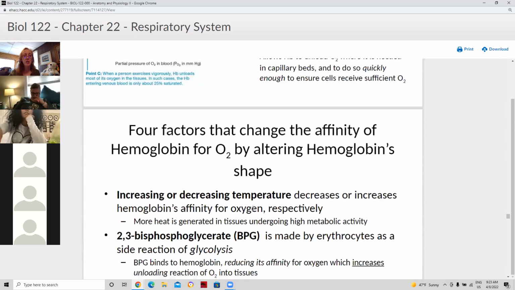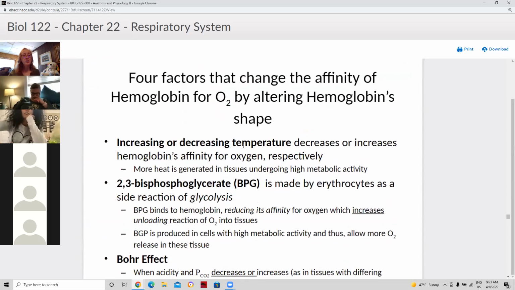So four factors are going to change the affinity of hemoglobin for oxygen by altering hemoglobin shape. The way that the oxygen gets bound up by hemoglobin or released from hemoglobin results in shape changes to the hemoglobin. Just like other enzymes and proteins, if we change their shape, we change their function.